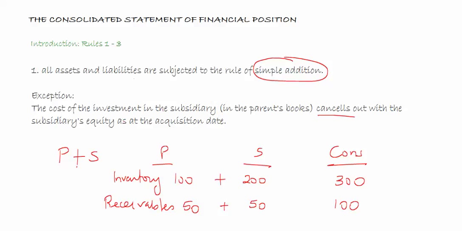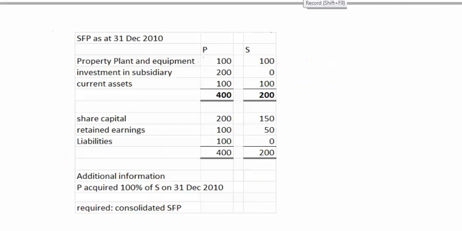So it means that in the consolidated books there will be an item in the parent's books that will not appear, and there will be some equity in the subsidiary's books that will not appear. But for all other items we use the rule of simple addition.